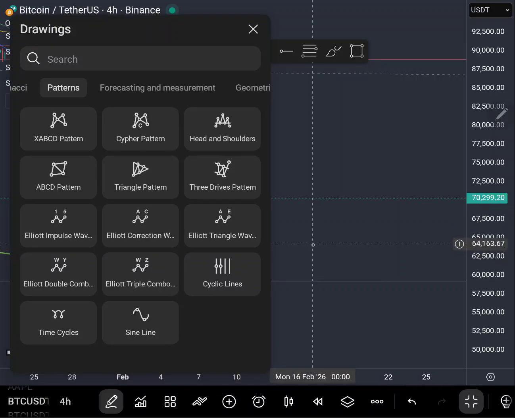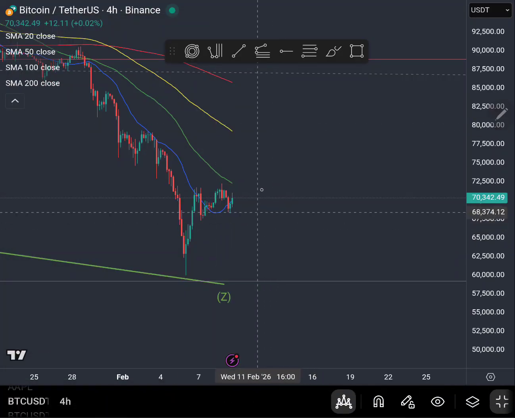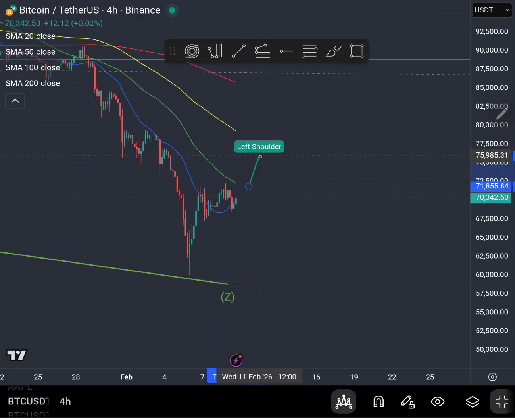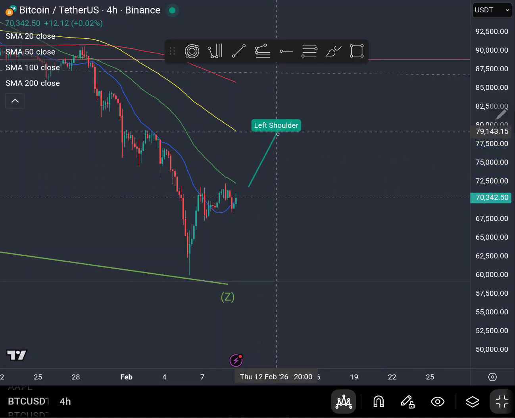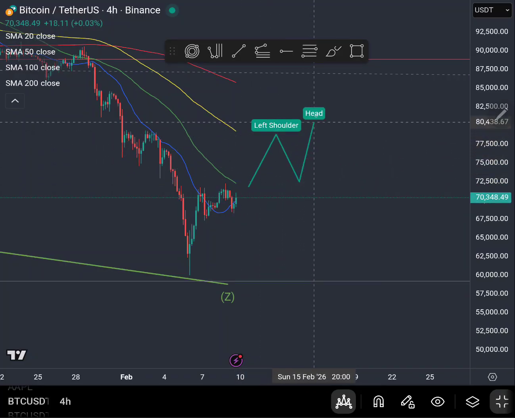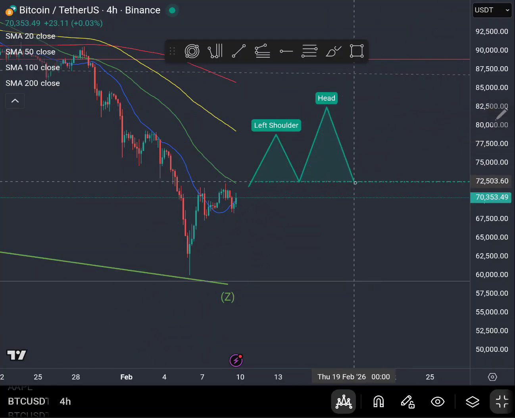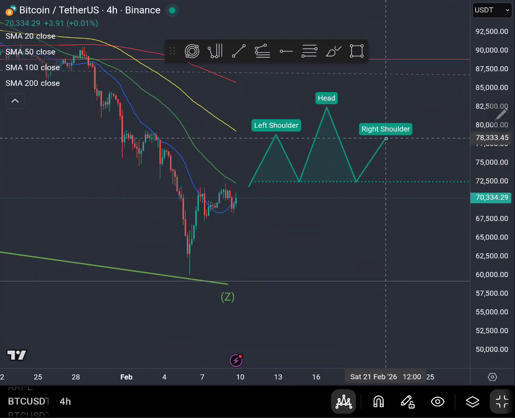Is there anything else I want to talk about? Yeah, one thing I should say. With Bitcoin, you'll see very often head and shoulders patterns, right? Sometimes they'll be flat like that.